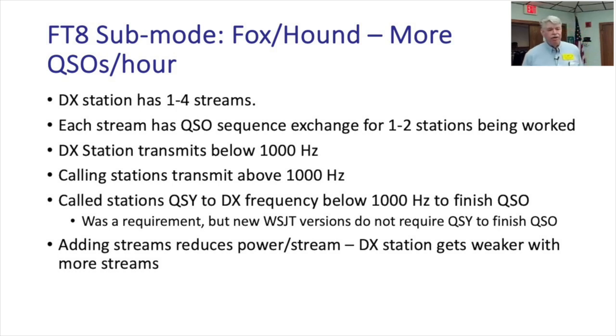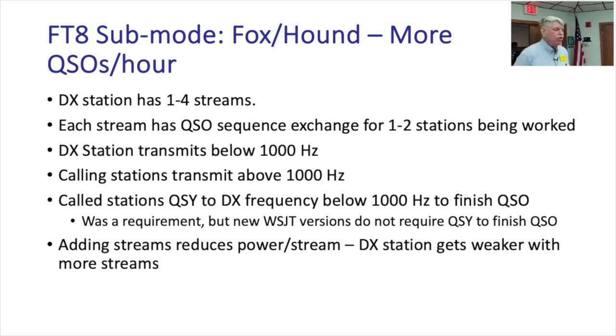Now, the problem is that you're splitting up the DX station signal. So if you go from one stream to 2 streams, half your power is going to be on one stream and half your power is going to be on the other stream. So what happens to signal to noise ratio? You lose 3 dB because the power is split in half.